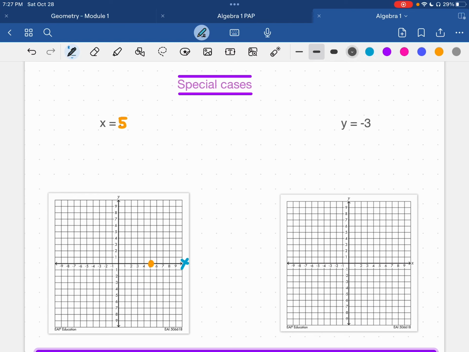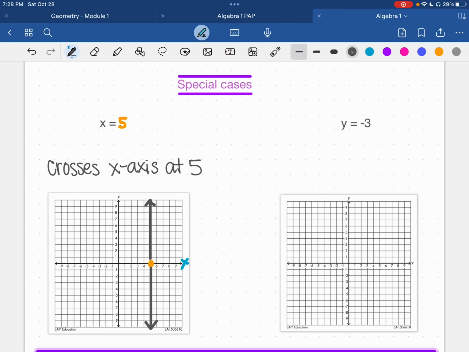And then my graph is going to go straight up and straight down from that point. So there's my special case. This graph, we can say it crosses the x-axis at the number 5. And it's doing it at 5 because that is what x is equal to.